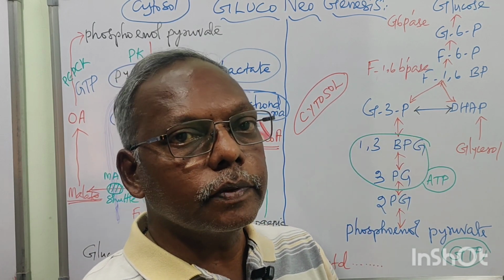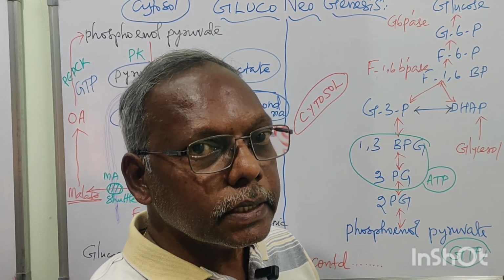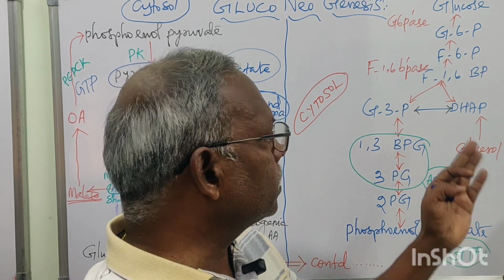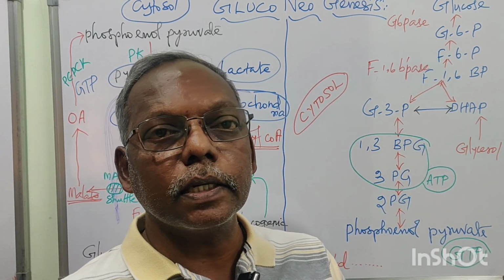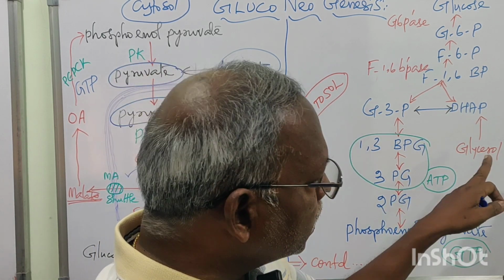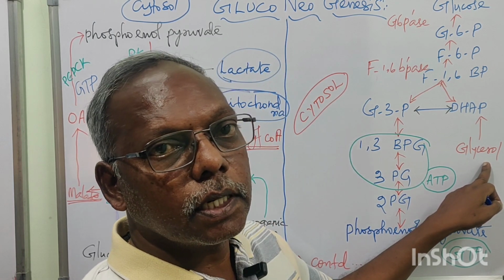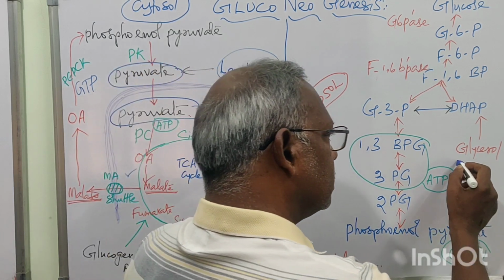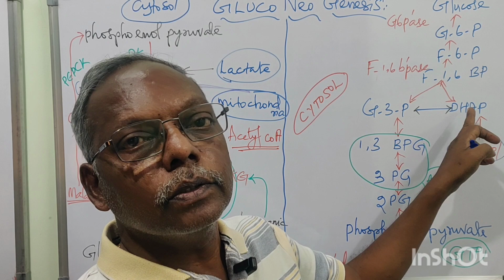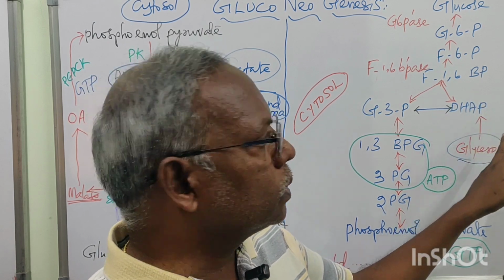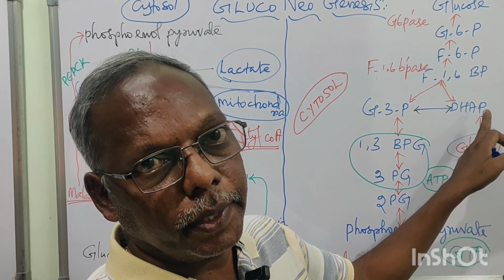You know how it will change, reversibly or irreversibly. It is always a reversible reaction, converted with dihydroxyacetone phosphate. Here the last non-carbohydrate substrate, glycerol, enters the gluconeogenic pathway through dihydroxyacetone phosphate.